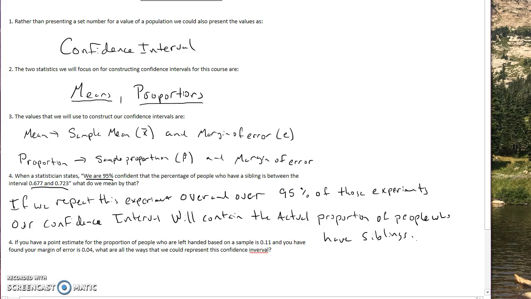So again, this is how confident we are in our procedure. It kind of means this gives us a confidence in our answer, but it really just says we might miss 5% of the time. You are not going to actually have the true percentage of people who have siblings in here. 95% of the time when you repeat the sample over and over again, you will, but 5 out of 100, or about 5% of the time, you will miss.